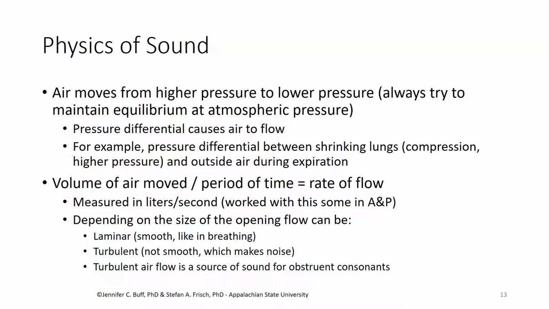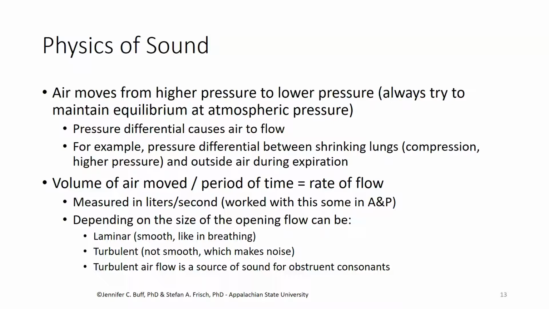When air is flowing, say flowing out your mouth, the size of the opening that it's flowing out of has an effect on how the air can flow. The flow can be very smooth if the opening is big enough for the air to kind of get out without much resistance. That's called laminar flow. That happens when you're breathing quietly.